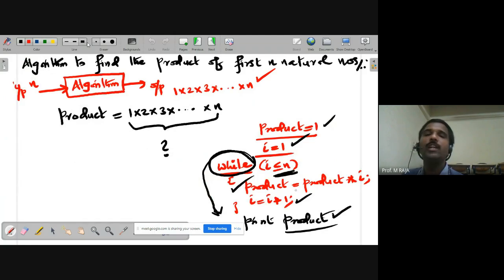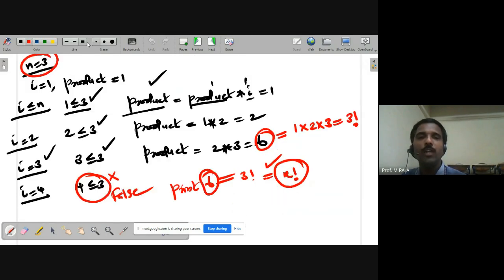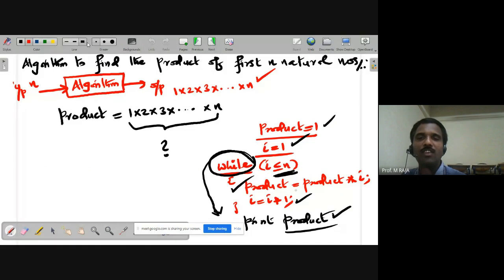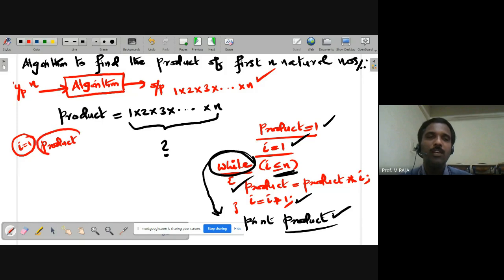The computation, how it is going to be carried out explicitly, right? We are writing the procedure to find the product of n numbers separately. How to find the product of n numbers? Initialize I is equal to 1. The simple logic is start with I is equal to 1. 1 is multiplied with the current product variable. Product variable is also initialized to 1. When I is equal to 1, multiply these two, 1 into 1, 1.